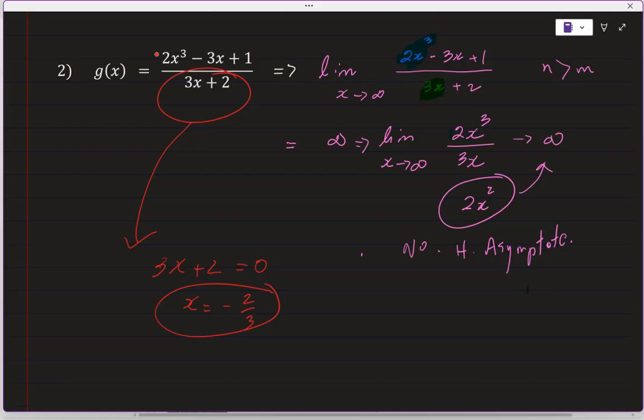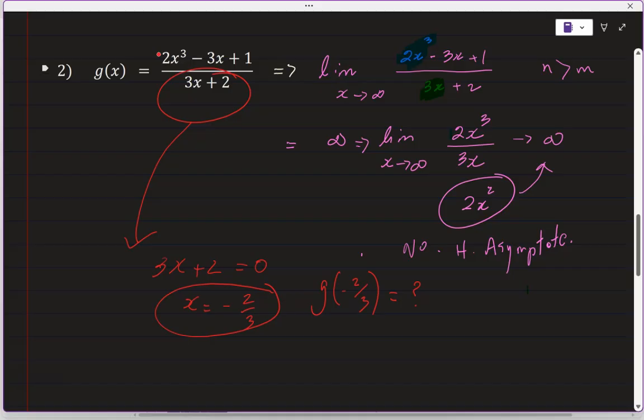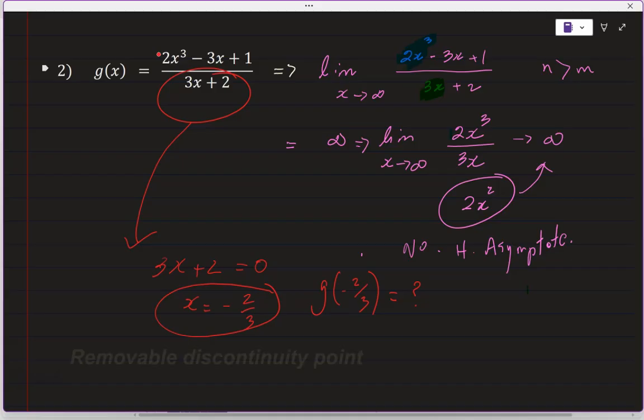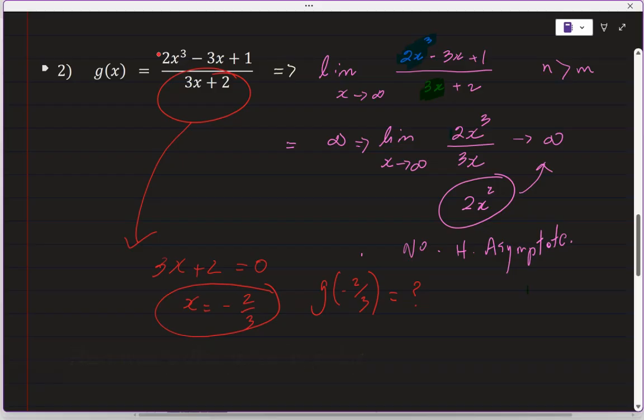Well, when you plug the input x, negative 2/3, into the function, you get the value for y. There is a point on the graph of this function, whatever it is, that point is a discontinuity point and is a removable discontinuity point, but it is not a horizontal or vertical asymptote. In this case, no horizontal asymptote. So whenever you have a situation like this, you could have a removable discontinuity point on the graph.